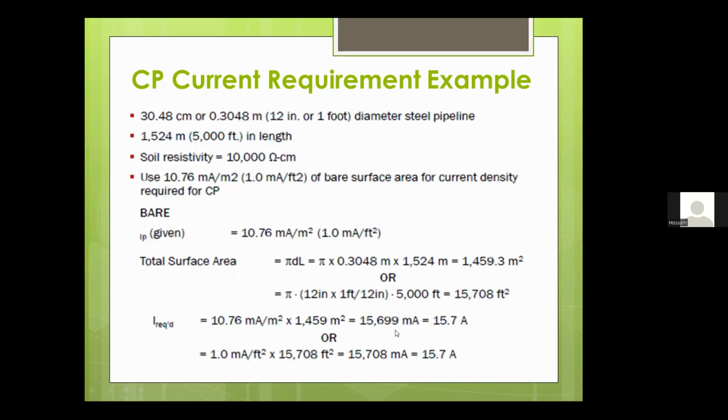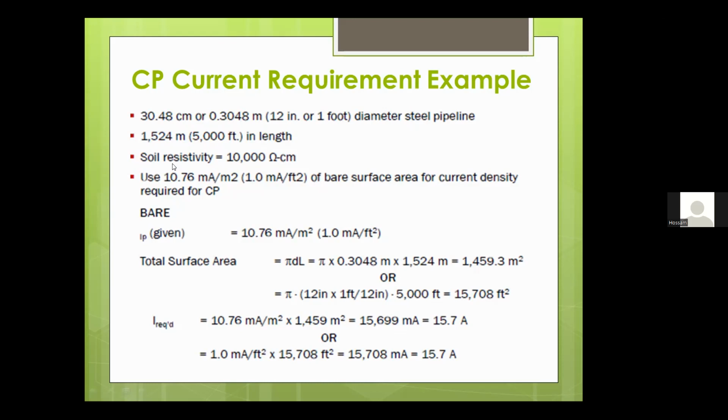Here is an example for current requirement calculation. If we have a 12-inch steel pipeline with a length of 1,524 meters, which was constructed in soil, which has a resistivity of 10,000 ohm centimeter.